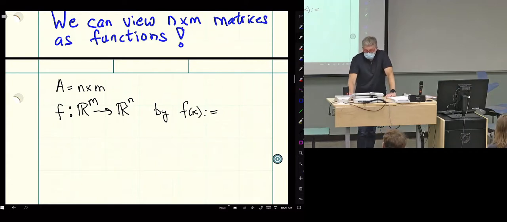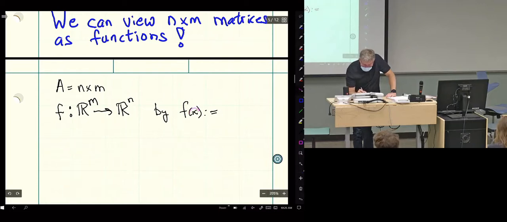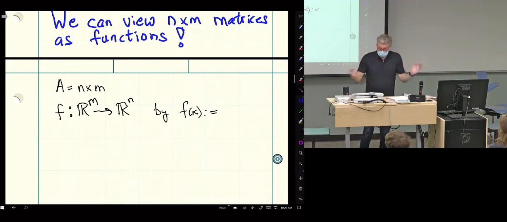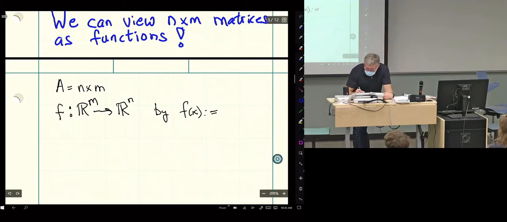So x here, this means I'm taking m by 1 vectors and producing n by 1 vectors. That's all that notation means. Now, there could be sines, cosines, and crazy things in there, but I'm not going to put anything crazy in there. I'm just going to define that to be A times x.